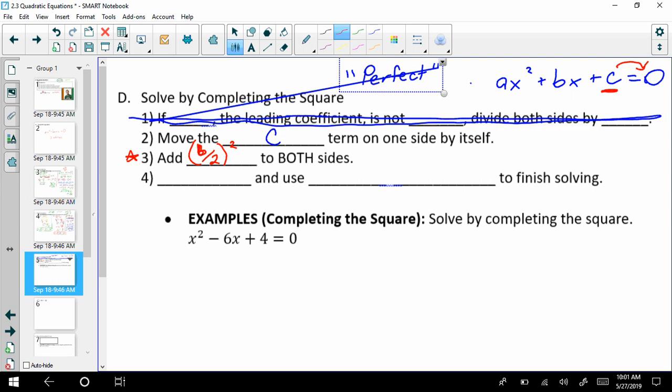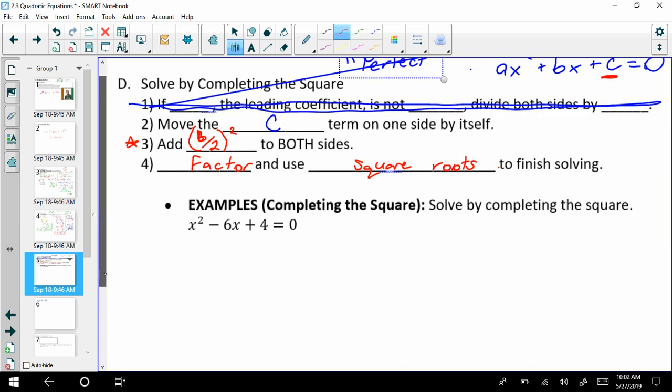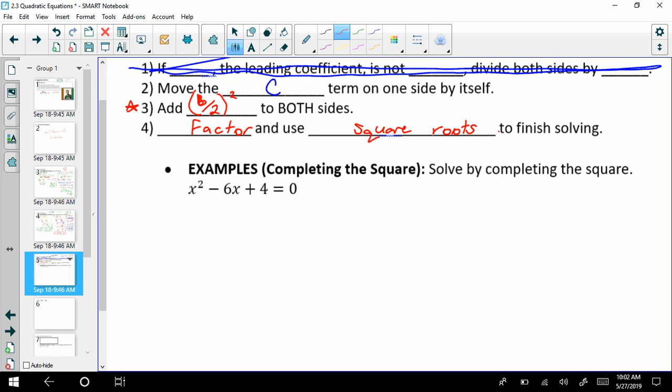And then finally, step 4, we already know how to do. To finish it, we will factor and use square roots to finish solving. So let's try it because it doesn't really make sense until we have numbers thrown into the mix. Solve this equation by completing the square.